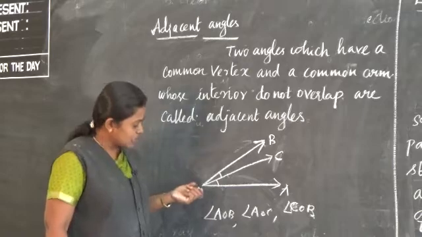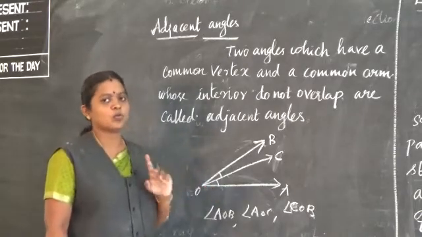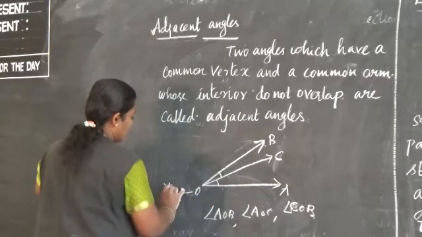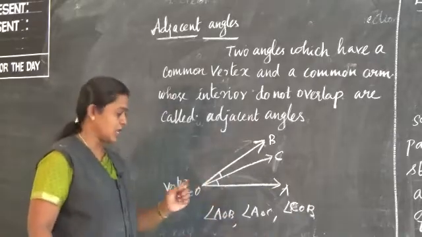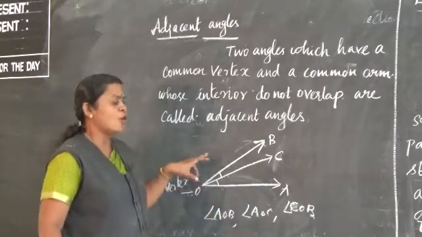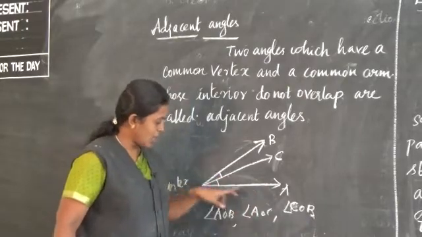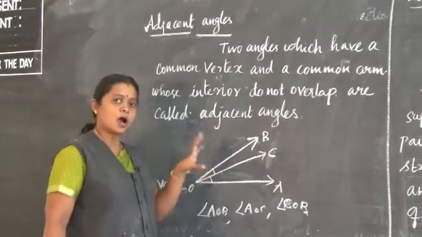And what is common? How many vertices are there? We have only one vertex, that is O. We have three angles but only one vertex. How many arms are there? OA is one arm, OC is one arm, OB is one arm.